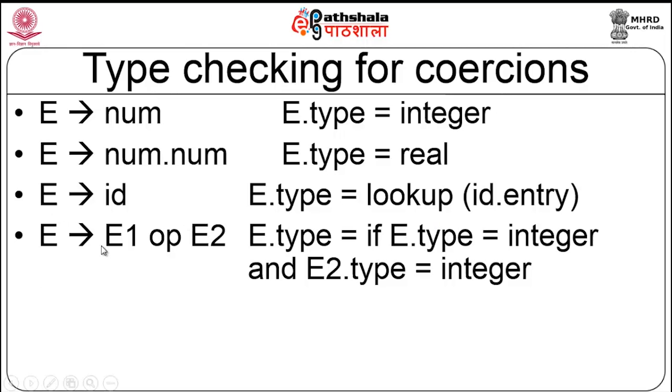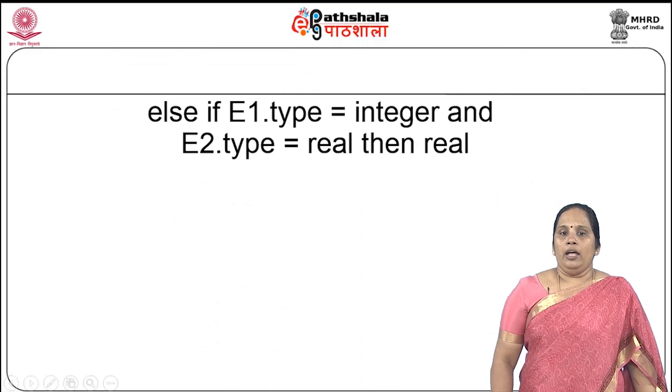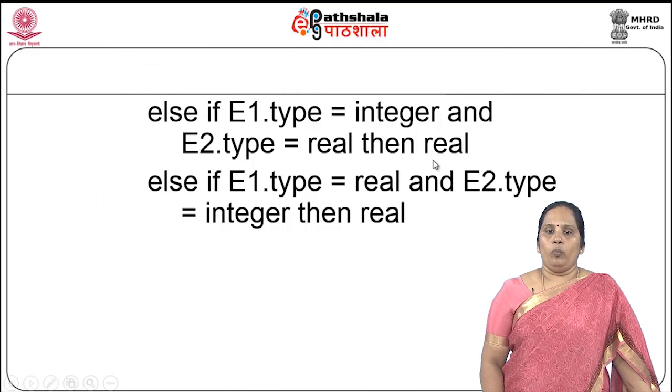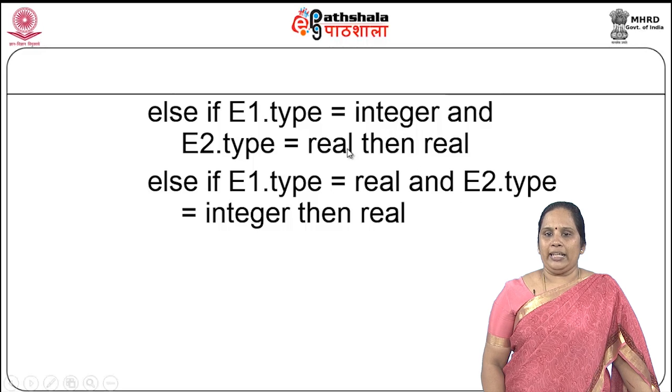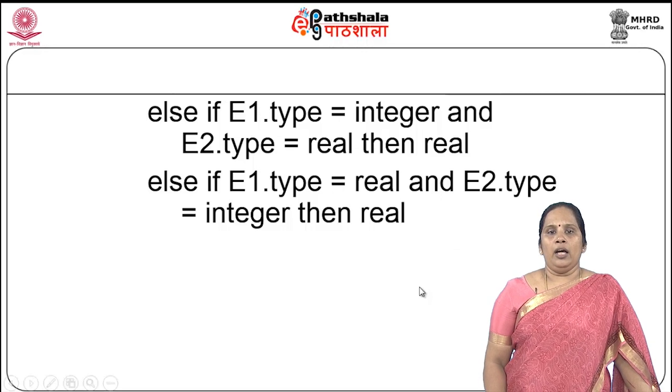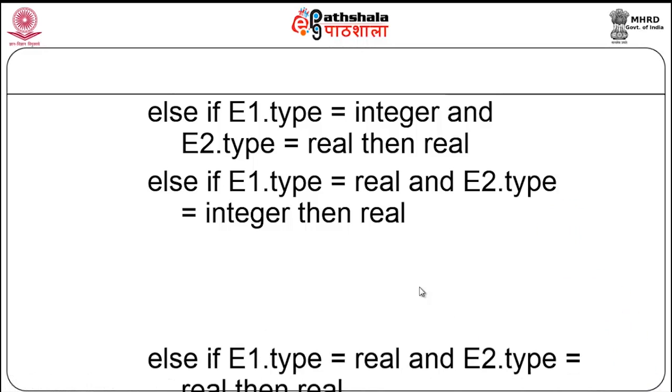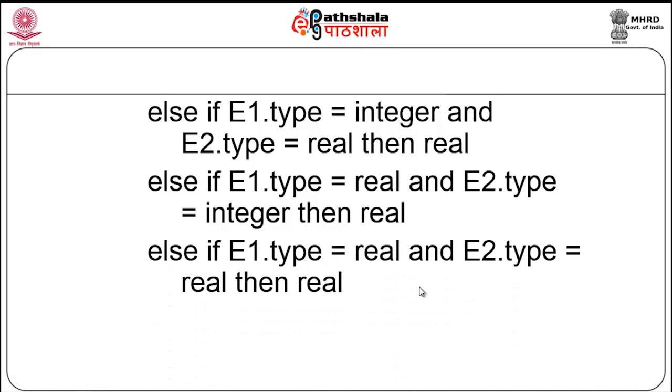And if I have E produces E1 operator E2, the type of E will be: if E1.type is integer and E2 is also integer, then you return integer; else if one of them is integer and the other is real, you return real. Either E1 could be real or E2 could be real; in both cases you will return real as the return type. If both are real, you will return real.